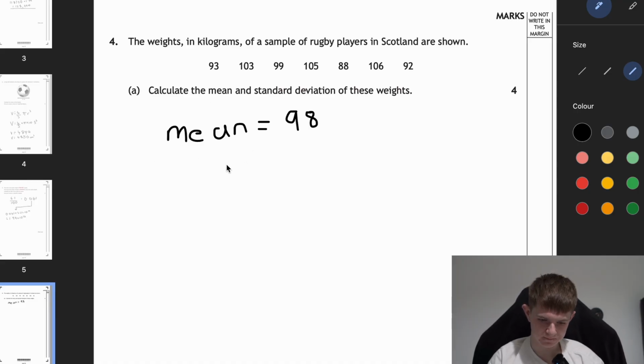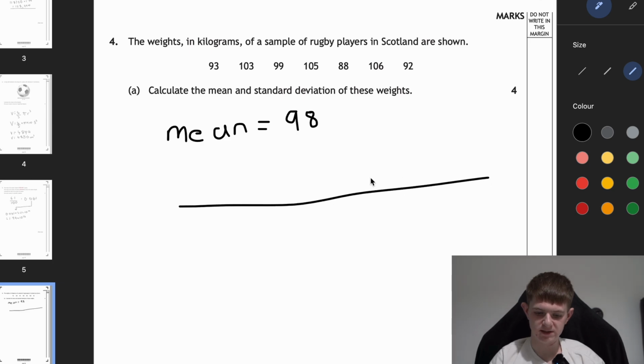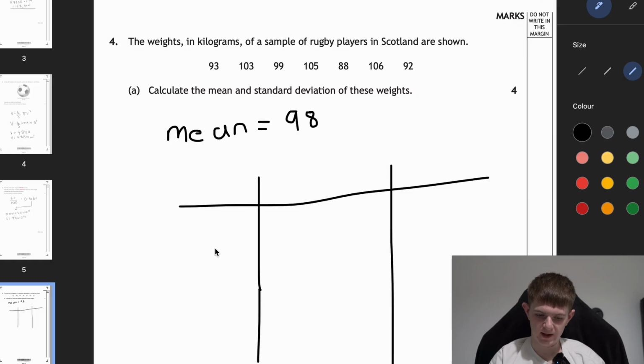Standard deviation, we set up the table like this. On this side we've got x, then we've got x take away x bar, which is just the mean, and the final column, x take away x bar squared.